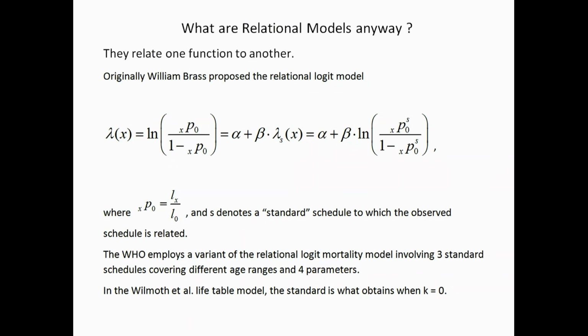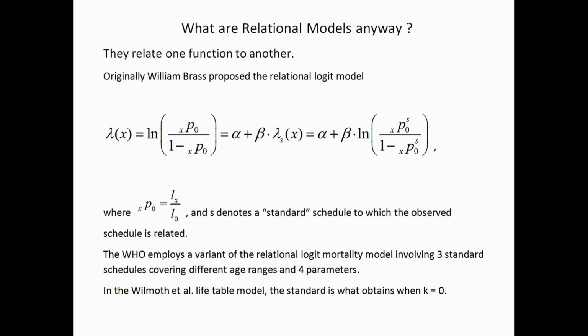In the Ouellette and Associates system, they treat 0Q5 as the level parameter, the probability of dying from ages 0 to 5. It's alpha in this system. They refer to K as their shape parameter.